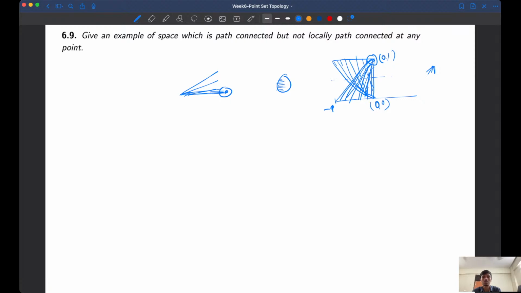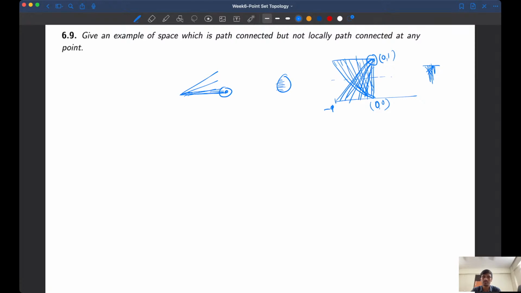So now if you pick any neighborhood around this point, it is still not connected, because together with this you again have this kind of thing, so that will disturb the path connectivity.